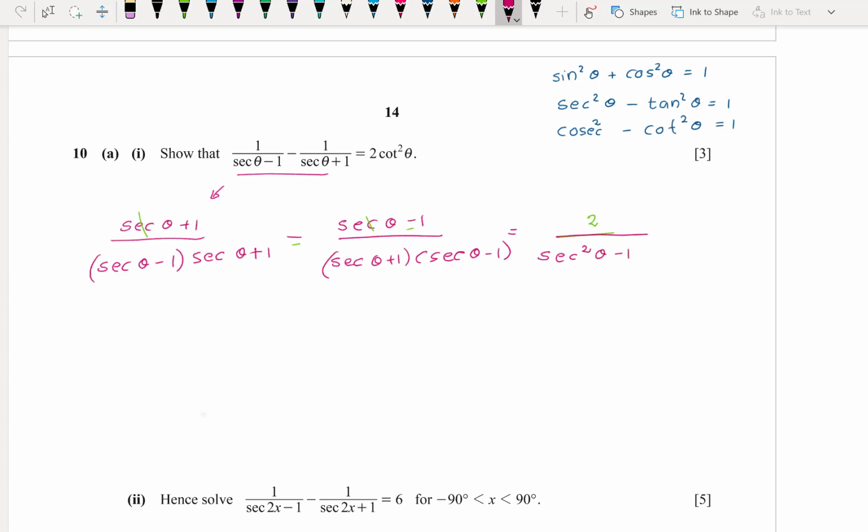Now, using this identity, secant square theta minus 1 is tan square theta. So it is 2 divided by tan square theta, and 1 by tan square is cot square. So it's going to be 2 cot square theta. Done. We have shown that.